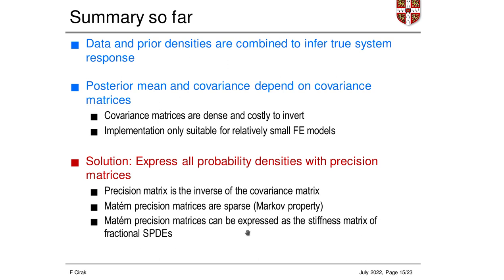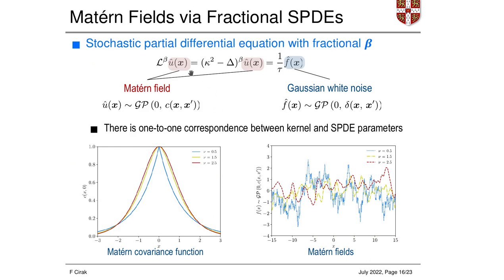And it turns out that the Matérn precision matrices can be expressed simply as a stiffness matrix of some fractional stochastic partial differential equations. The stochastic partial differential equation turns out to be a linear partial differential equation with the fractional order beta. Here, f hat is the Gaussian white noise, and u hat is the Matérn random field.